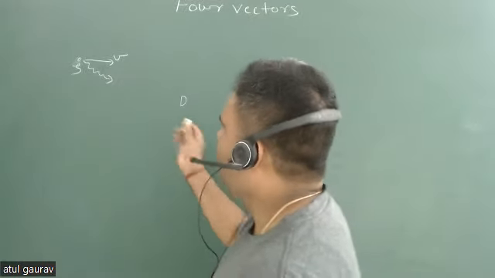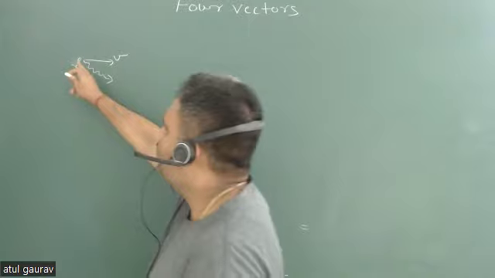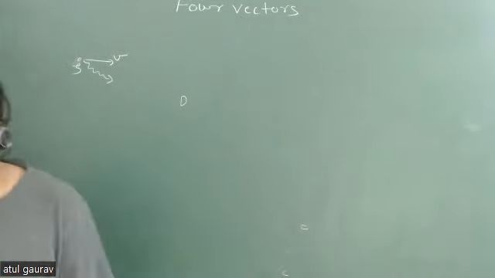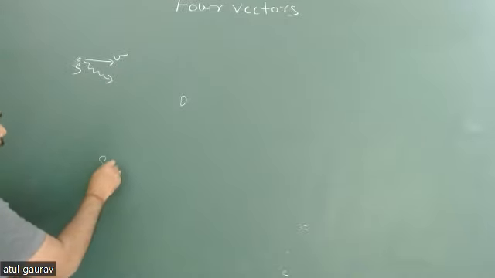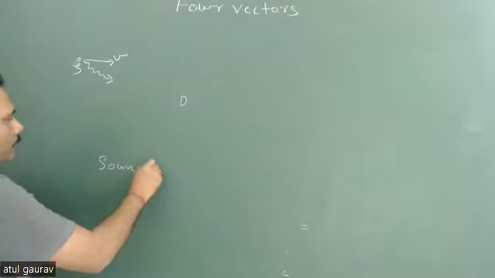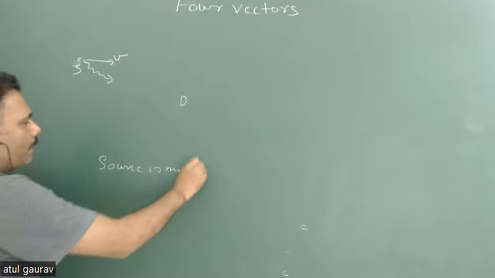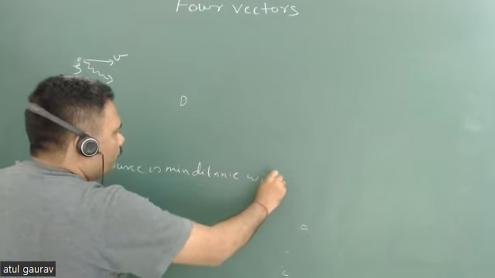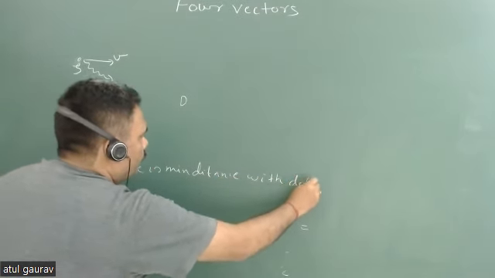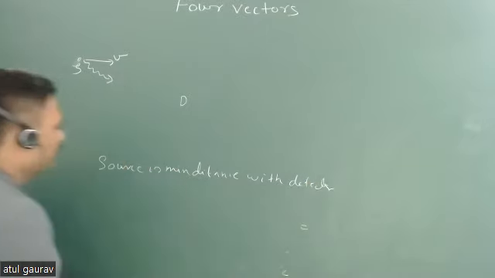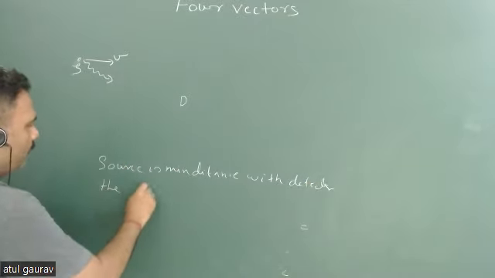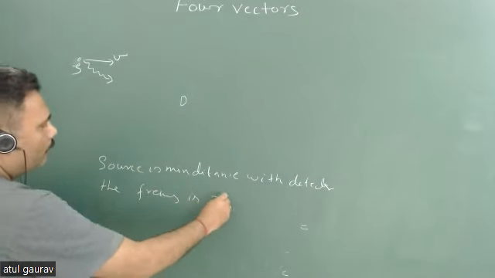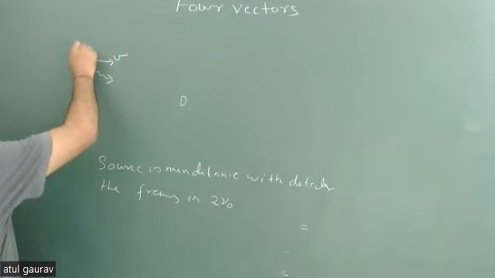It is given that when the source is at the minimum distance from the detector, the frequency is 2 times nu naught.